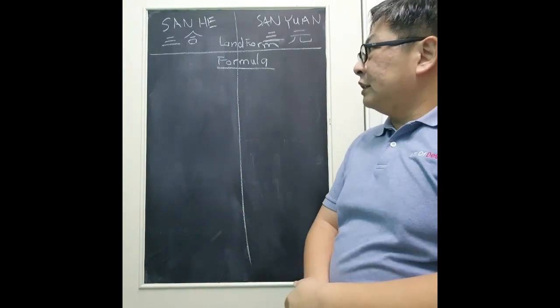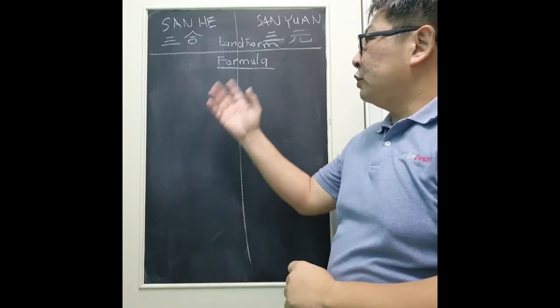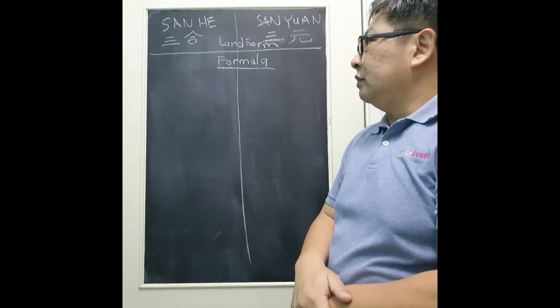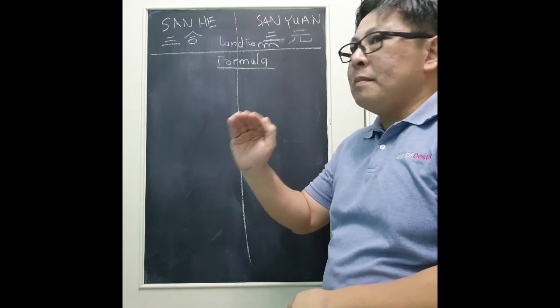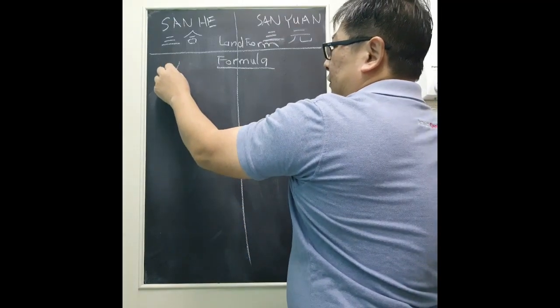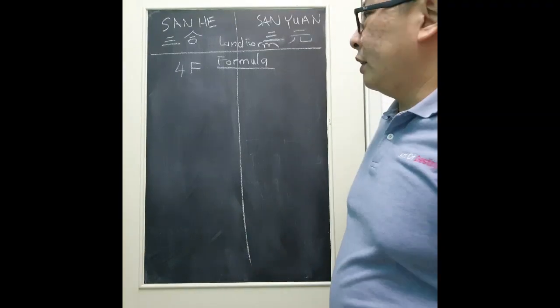Now, conceptually, Sangha Feng Shui is very much centered on two major concepts. The first concept is called the four formations. What are the four formations?